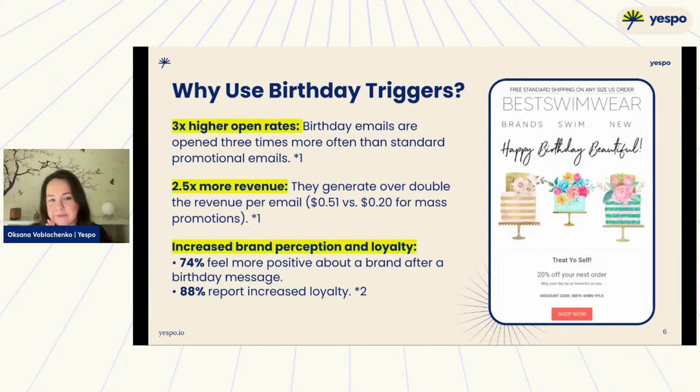There are three main points why birthday emails outperform regular promos. First, attention: open rates are several times higher. Second, monetization: revenue percent is noticeably higher than mass campaigns. And third, emotional effect: people remember brands that congratulate them at the right moment.